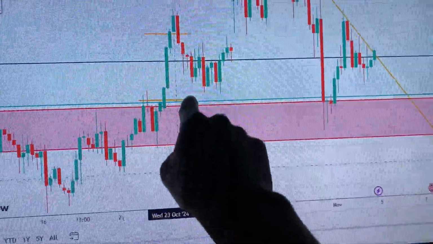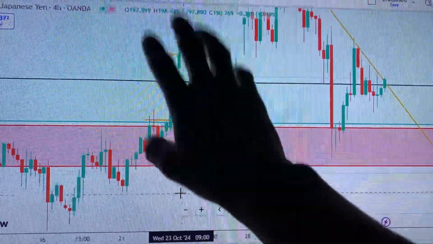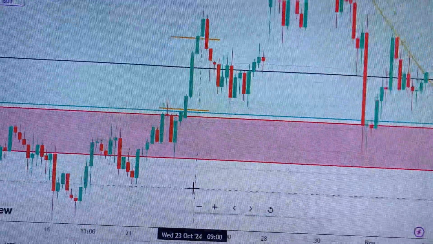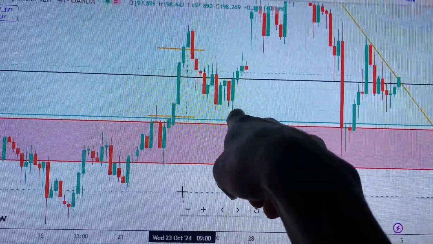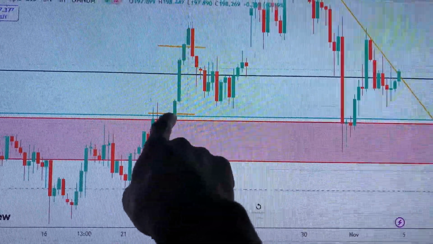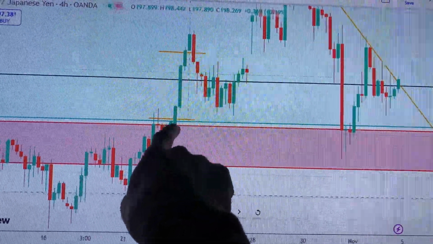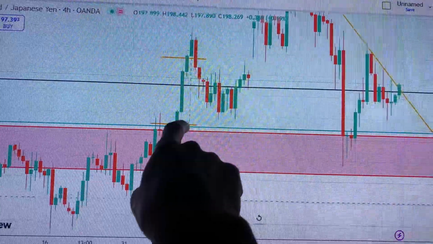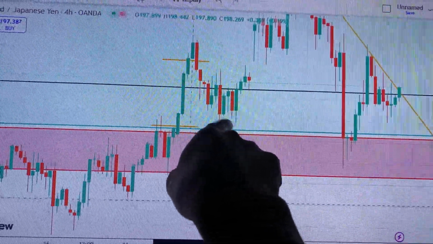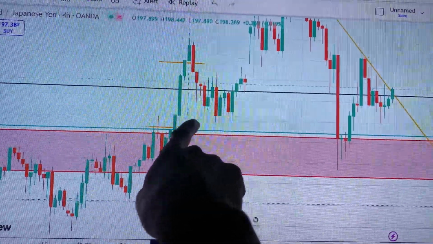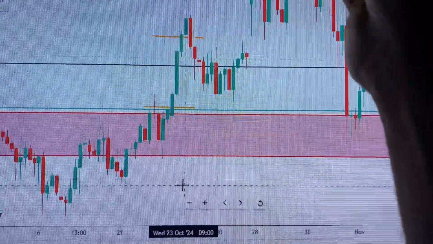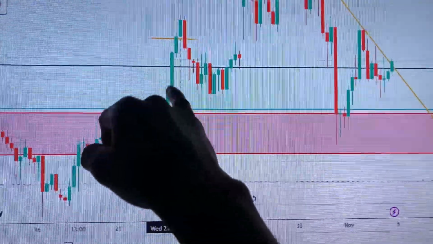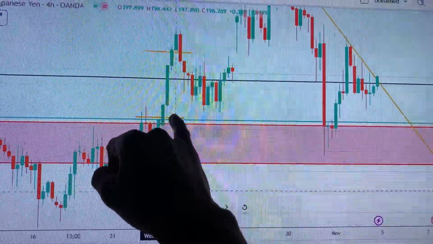So looking at this fair value gap, this was a fair value gap that I've been looking at. But when you see, price didn't really retrace back down to this point, right? Look where price stopped. It was around here. Because I was following this trade, I even left the trade because I noticed price might not really come down to this point.